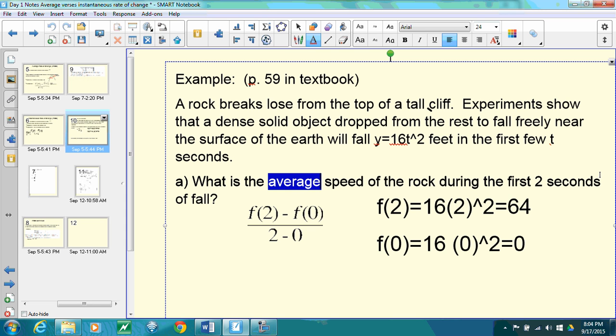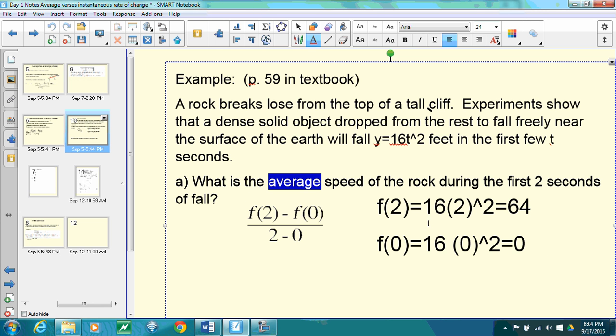So for average, we're going to do f of b minus f of a all over b minus a. And in this case, my a is 0 and my b is 2 because it says the first 2 seconds. So we started at 0, we ended at 2. So I wrote my formula.